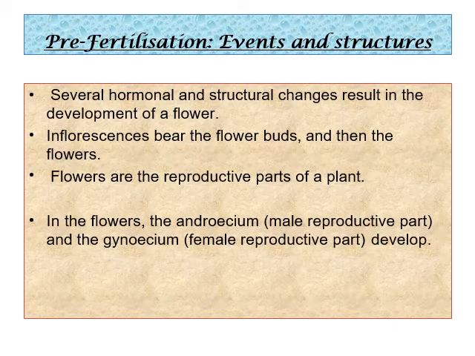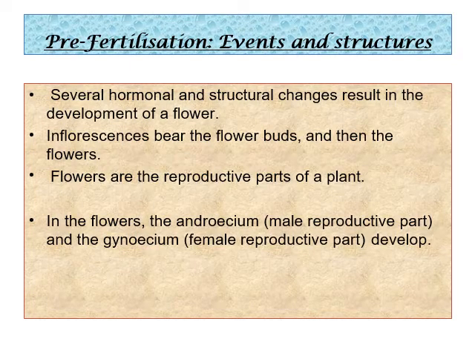You must know the structure of the male and female reproductive parts, and how those structures undergo events for the formation of the male and female gametes. The very first part we'll discuss is structure, and then the events taking place for the formation of the gametes.